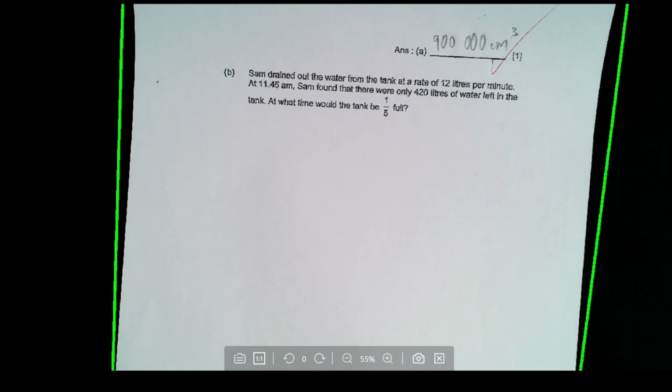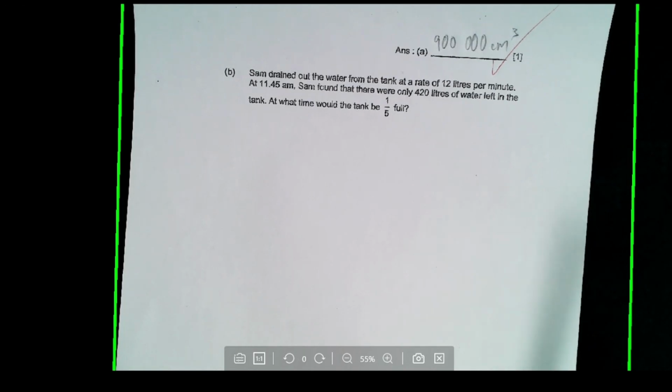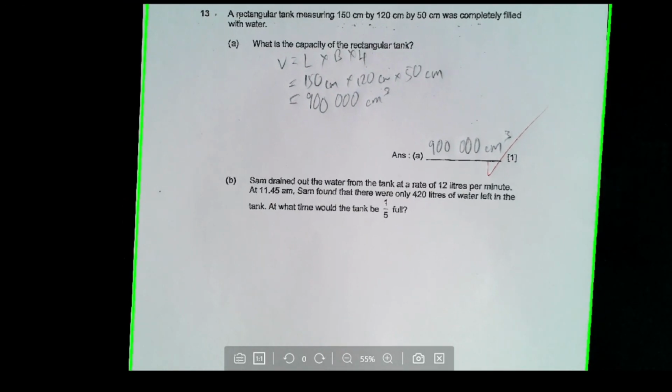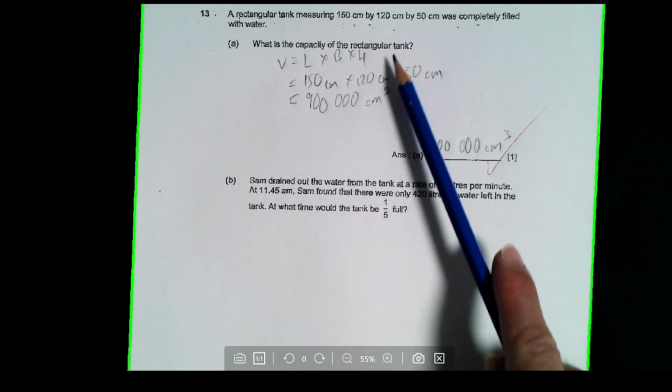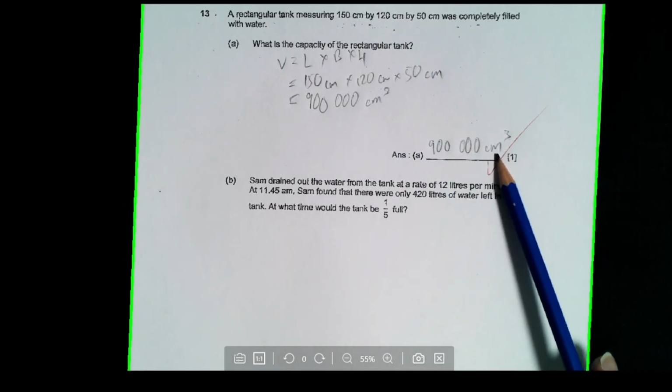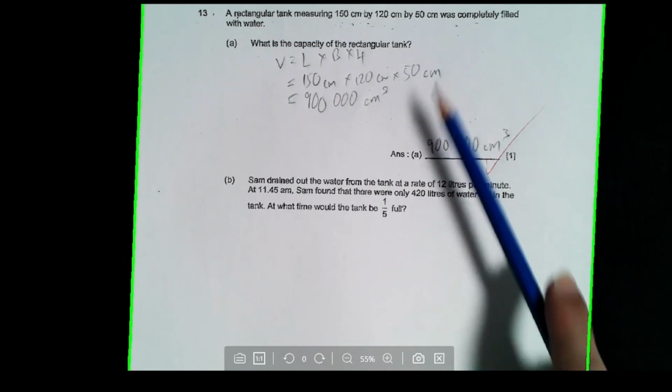Aha! Part A. I just told you that. Because the question did not specify the unit of your answer, you can leave it in cubic centimeters. Okay, that's fine. It's perfectly fine. They didn't specify anything.